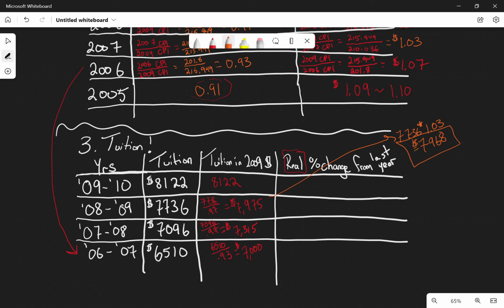And again, the way in which we do this is we take the new minus old over old, multiply it by 100, and so this is going to be $8,122 minus $7,975, all divided by $7,975. Putting this into our calculator, 8122 minus 7975 divided by 7975 times 100 gives us a percentage change of 1.84.